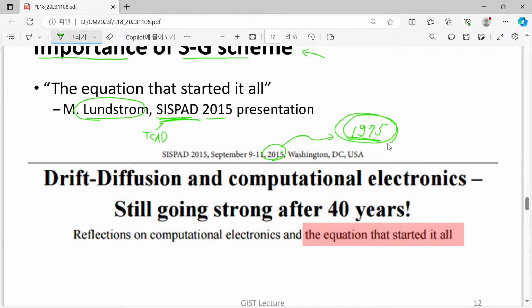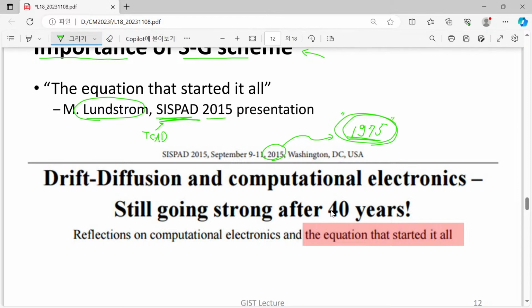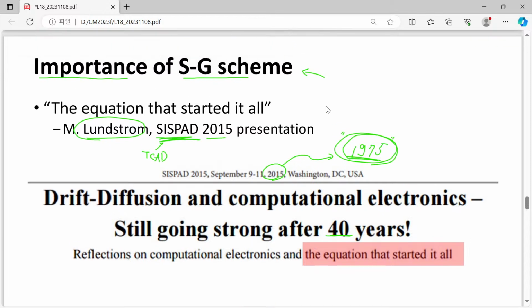What is the reason for 40 years? This is related to the occurrence of the Scharfetter-Gummel scheme. Before the Scharfetter-Gummel scheme came into the field, there was no way for us to robustly simulate this drift diffusion model.